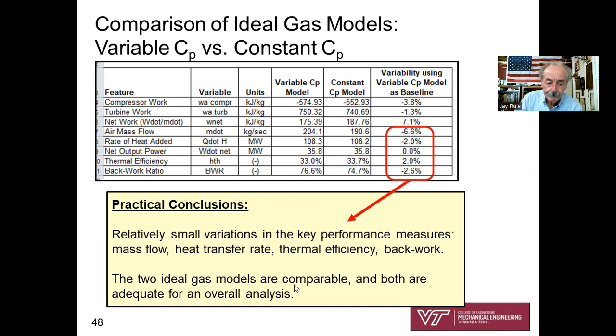So for doing an overall analysis of an engine, which is what we were doing here, a little bit of quick and dirty, both of these ideal gas models are perfectly valid. You're going to get nearly the same results for both. Now, if you were a gas turbine engine designer, you probably want to go with that variable specific heat model.